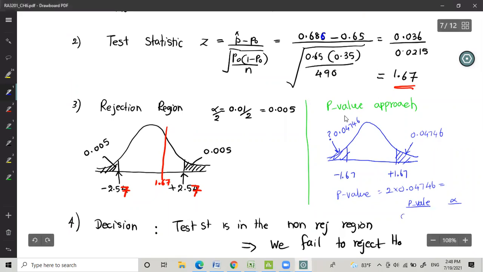This will be 0.09492. Am I correct? Twice the p-value is 0.09492. Yes, Agnes, you got it correctly.